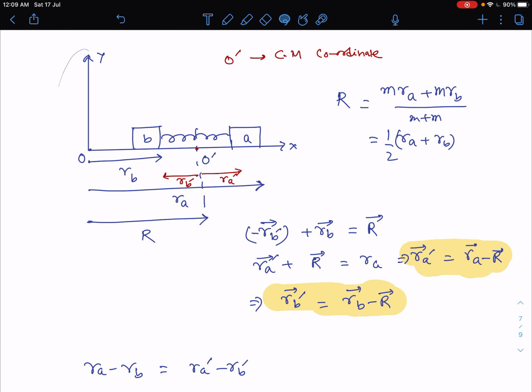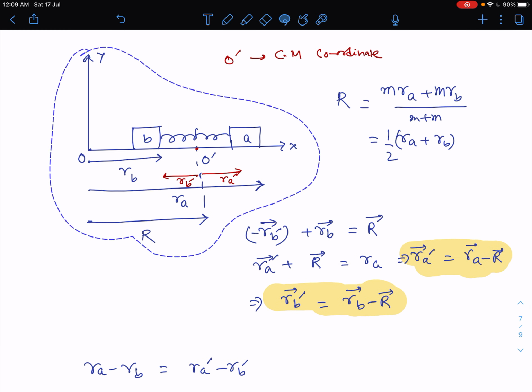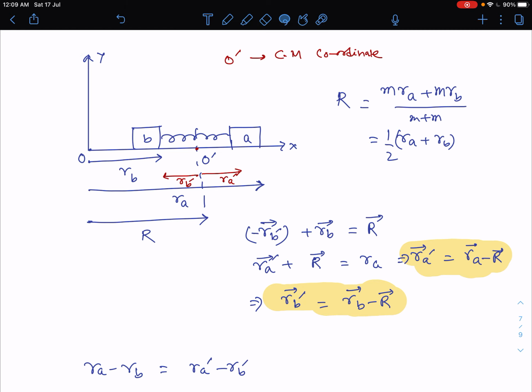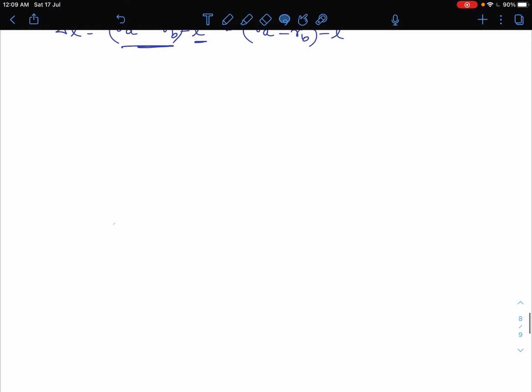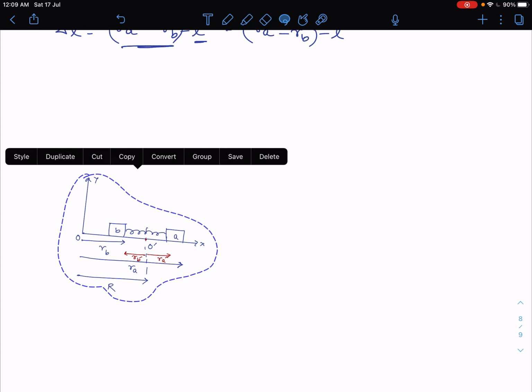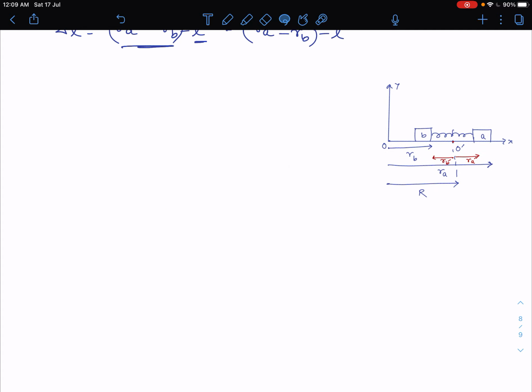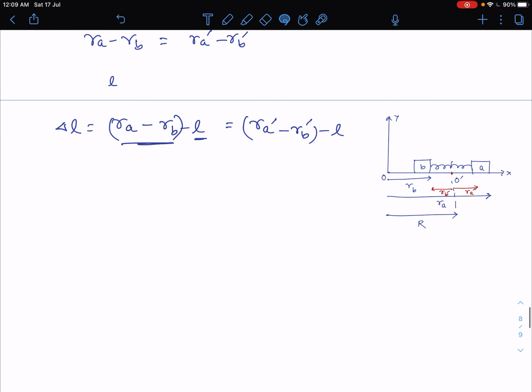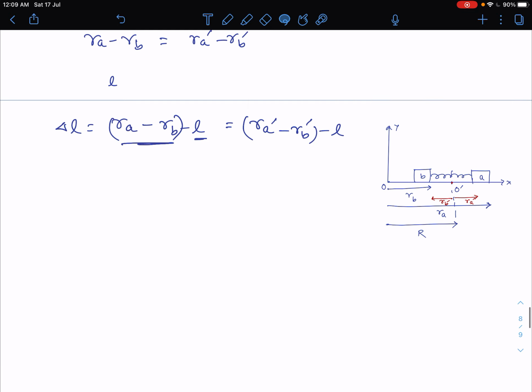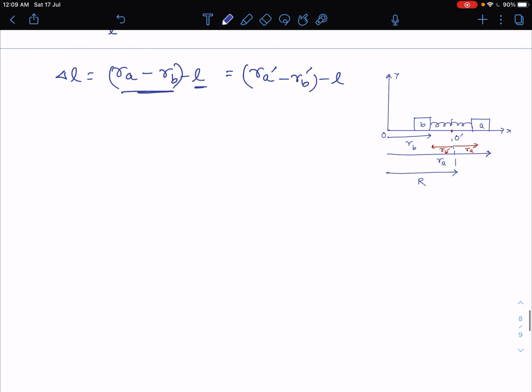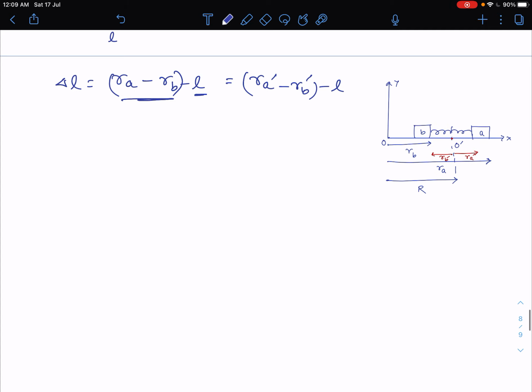For better understanding, let me again copy these pictures here. What is the equation of motion of block A? The equation of motion is m RA double dot.